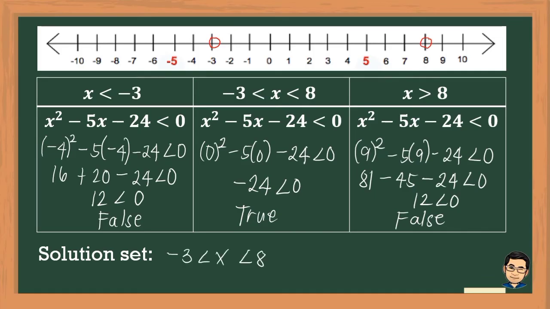Okay, so kapag pina-enumerate sa inyo kung ano ba yung mga possible values of x that is less than 8 but greater than negative 3, pwede nating isagot negative 2, negative 1, 0, 1, 2, 3, 4, 5, 6, and 7. So, ito lang po yung solusyon ng ating given inequality from negative 2 to 7.